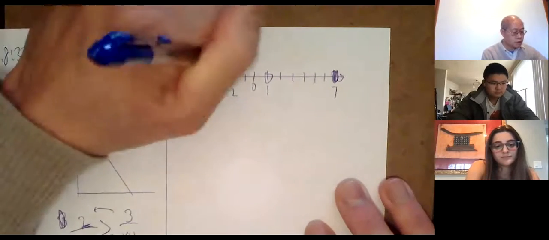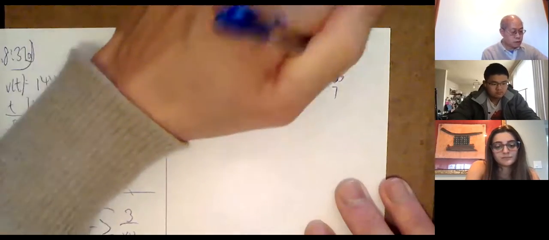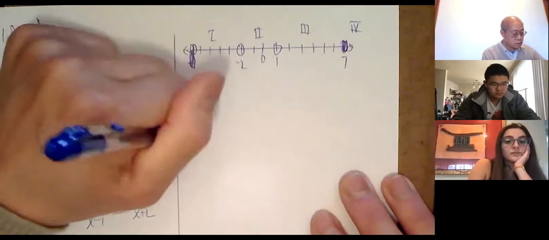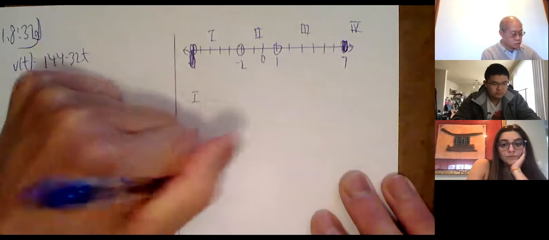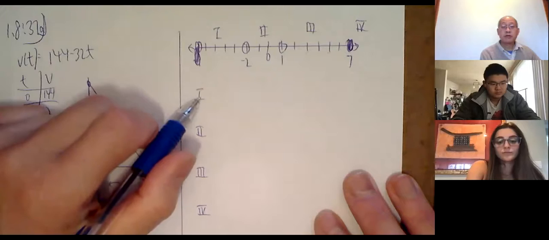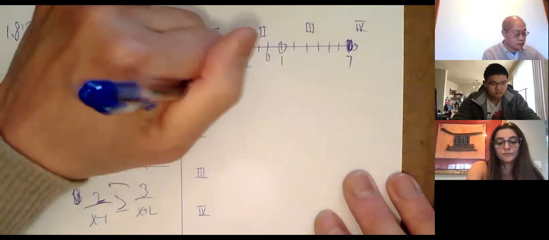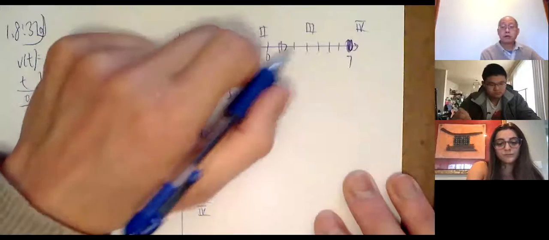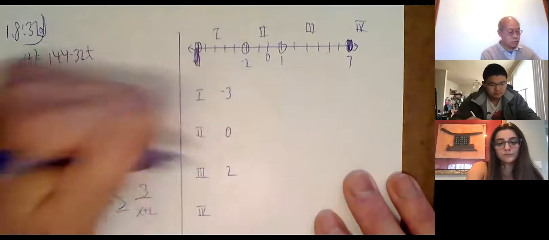Okay, region 1, 2, 3, 4. So what's something over here? How about negative 3? And region 2, 0. Region 3, 2.